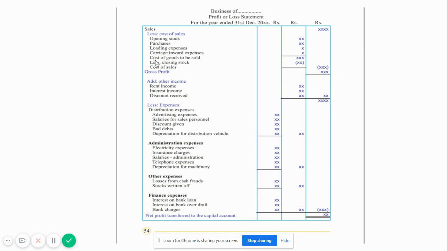Actually, that is the cost of the goods that you are already ready to sell. So out of that, when you deduct the remaining stock of the business, you will end up with the figure called cost of sales.